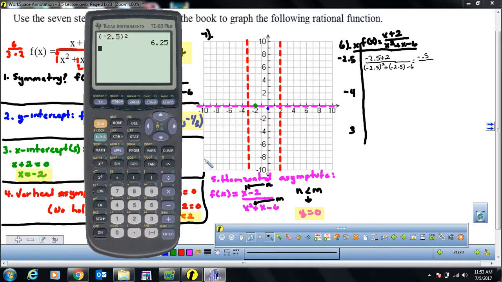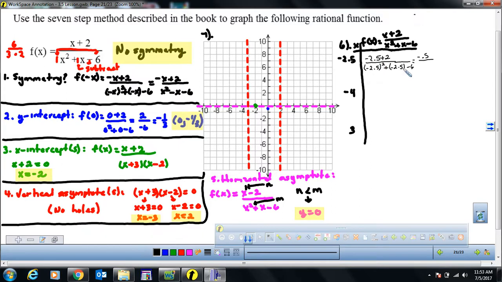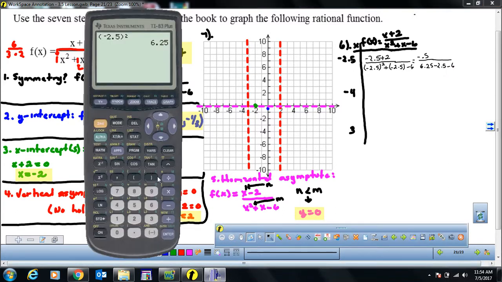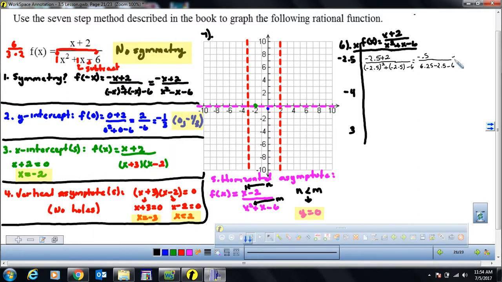That's going to give you 6.25, minus 2.5 minus 6. That is negative 2.25. So that's going to give us the point negative 2.5, comma, negative 2.25 for that one.